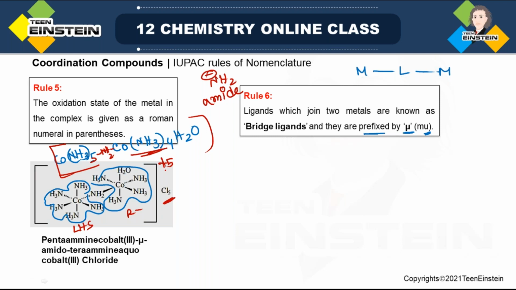And when you know that plus 5 charge is there and inside there is only one anionic ligand, which is this bridging ligand, that means the total positive charge for 2 cobalt is plus 6, because plus 6 and -1 together make plus 5. So for both cobalt it is plus 6, so for an individual cobalt it will be 6 by 2, that is plus 3. In this way we can understand that plus 3 charge is carried by both the cobalts. Any doubt?